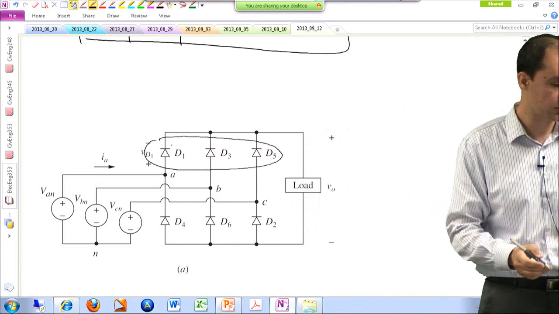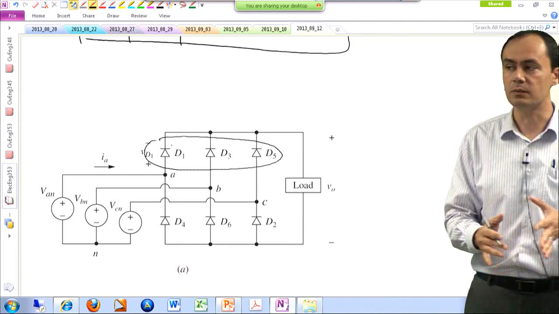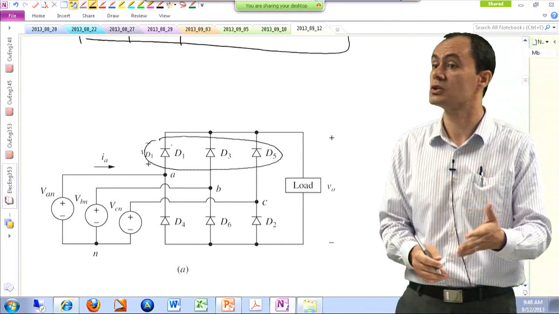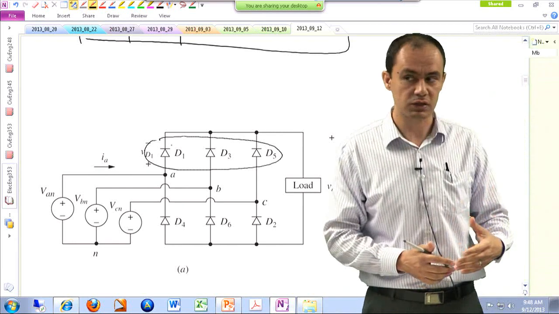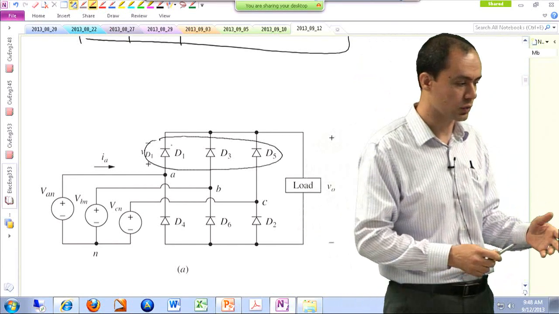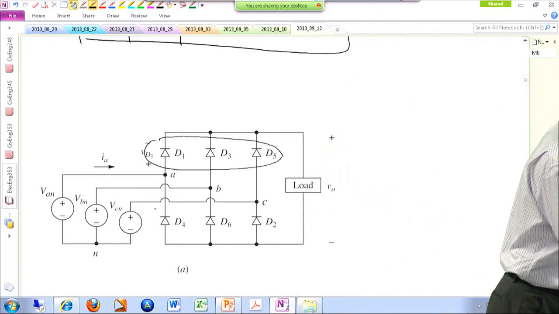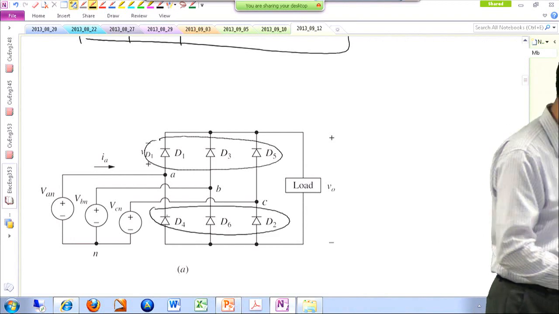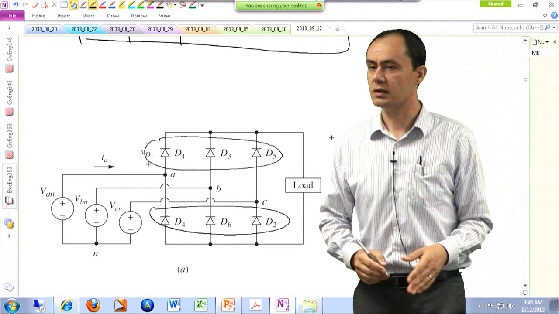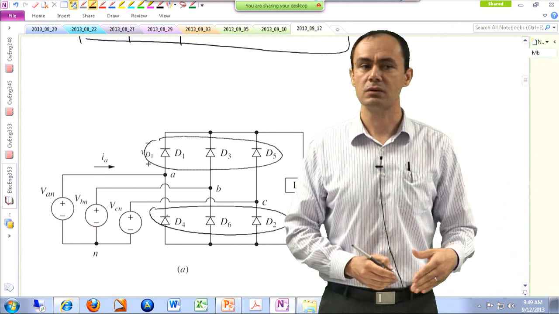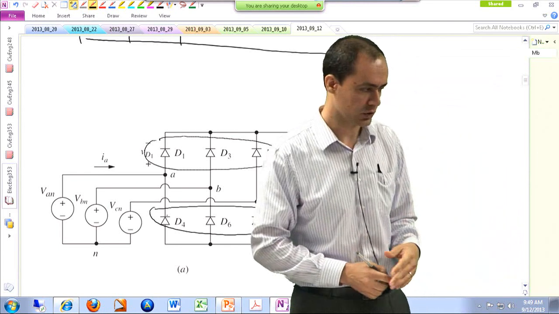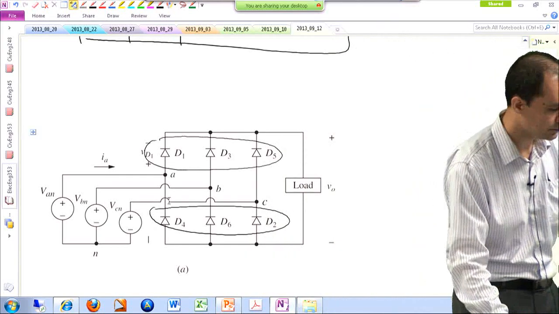So we have to observe VAN, VBN, VCN, and see which one of them is the largest one, and whichever diode that is connected to that largest one is going to conduct. Then it comes down to these 3 diodes. And between these three, the winner is whichever is connected to the maximum negative voltage. Okay? So keep that in mind.